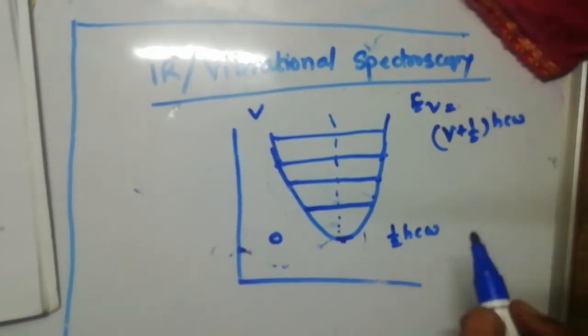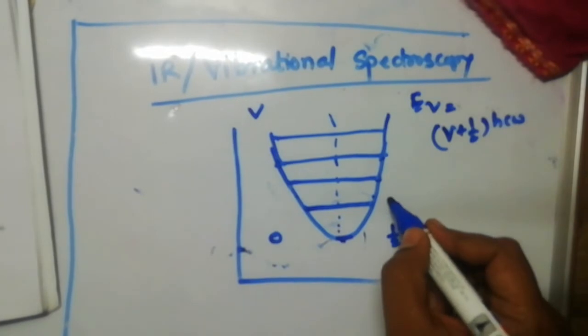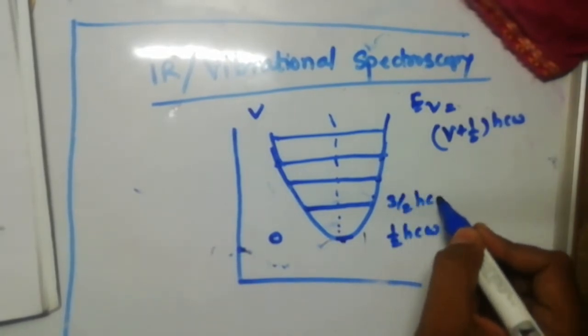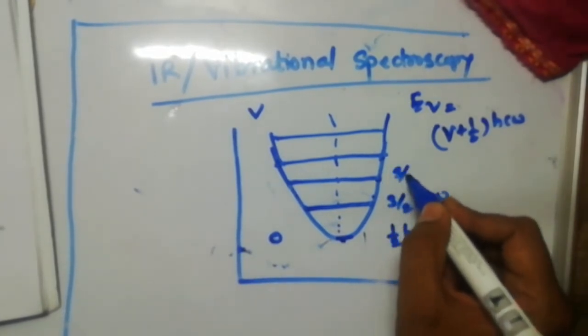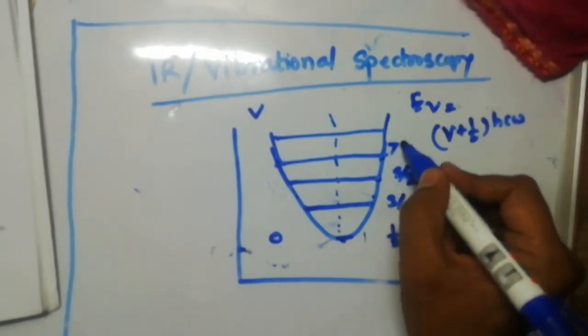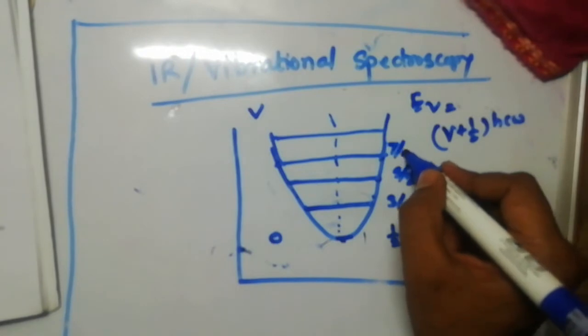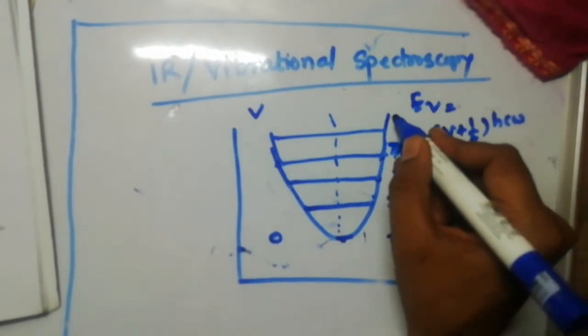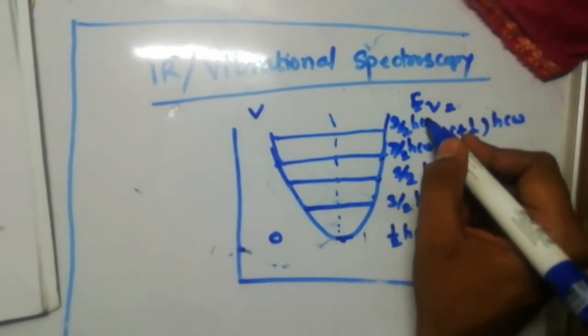Then putting V equal to 1, it becomes 3 by 2 hc omega. V equal to 2, it becomes 5 by 2 hc omega. V equal to 3, it becomes 7 by 2 hc omega. For the next, it becomes 9 by 2 hc omega.